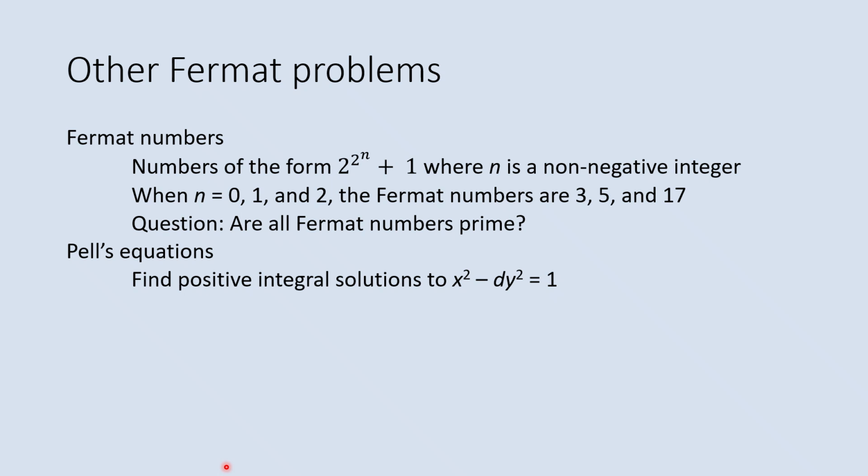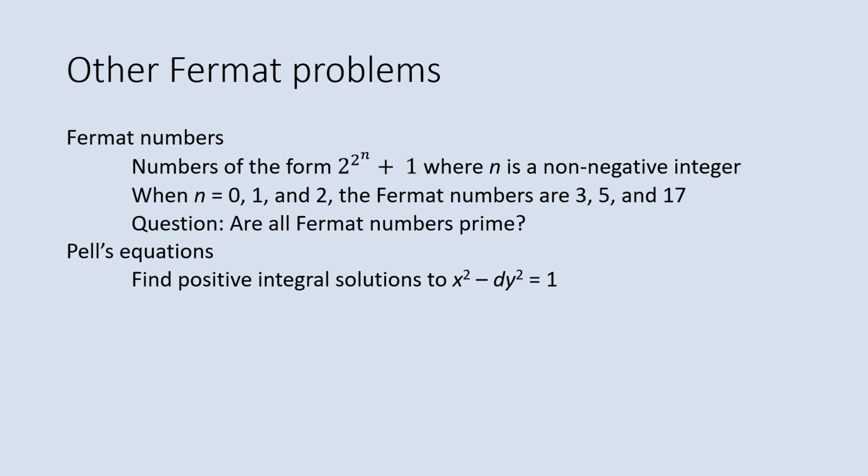So in this situation, we're looking for positive integer solutions to equations x squared minus dy squared equals 1. And then d can take on different values, and so with d taking on different values, we're looking for these solutions.